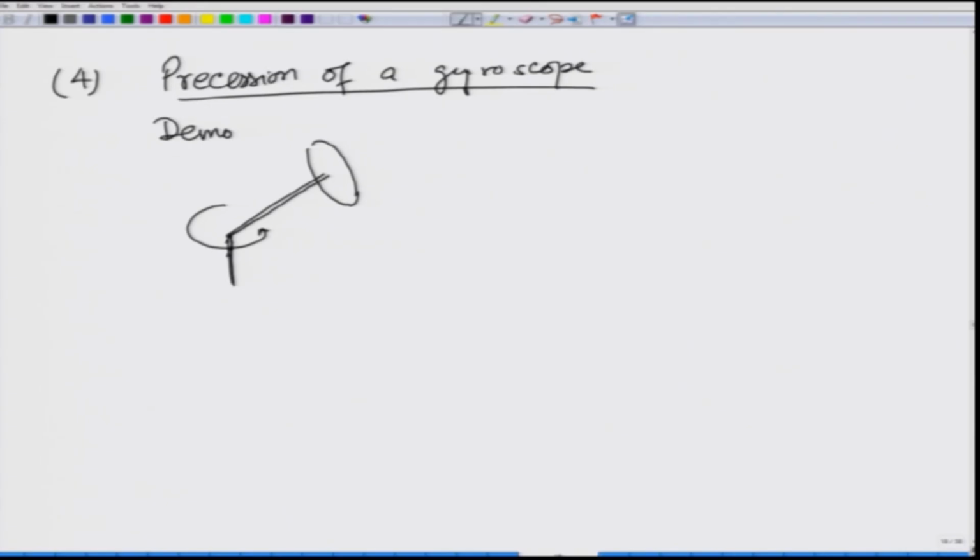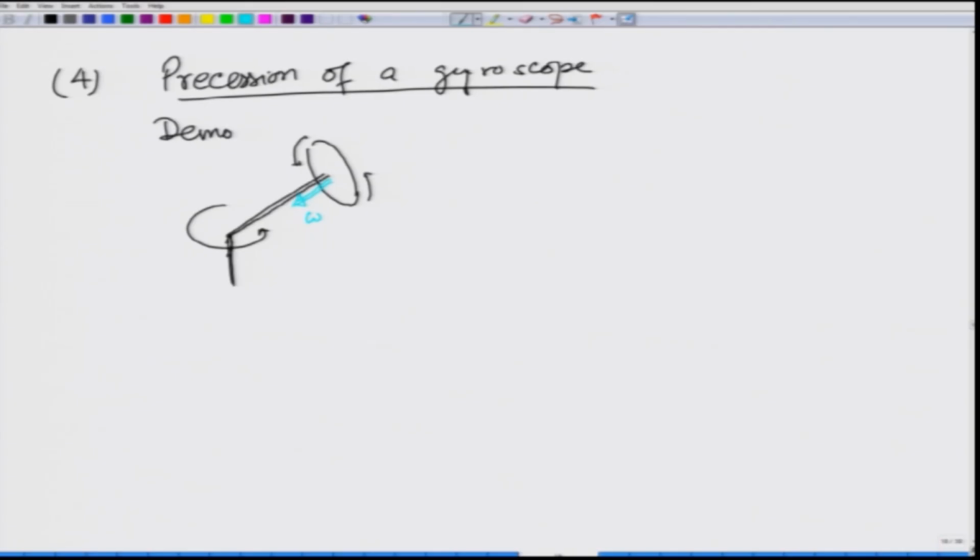The way we did it earlier was we said that let us say it is going like this, so that the spin omega is coming in towards the base.